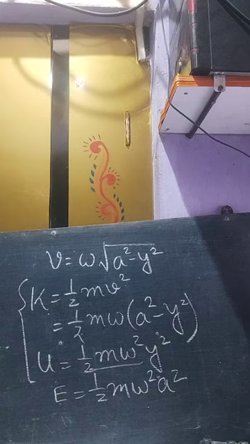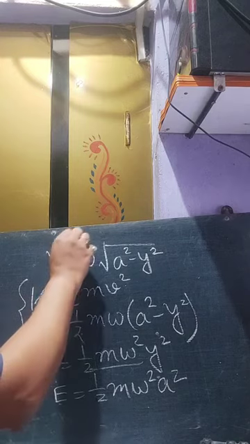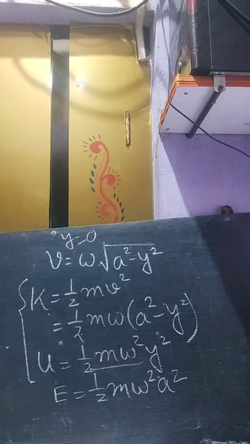In the position of maximum displacement, that is y equals A, the total energy is in the form of potential energy, while in the equilibrium position, when y equals 0, the total energy is in the form of kinetic energy.